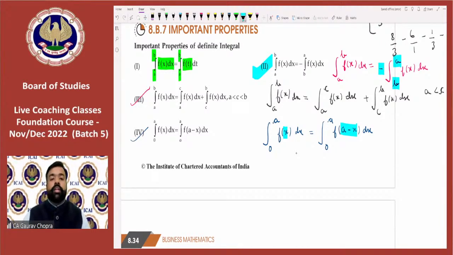So whenever the limit is from 0 to a, only then can we apply this formula. It is from 0 to a, and then the function is there, so we can write a minus x in place of x.